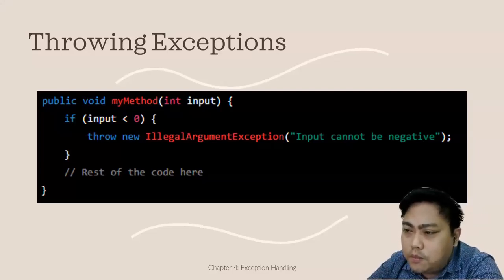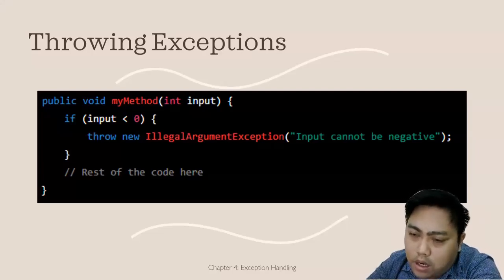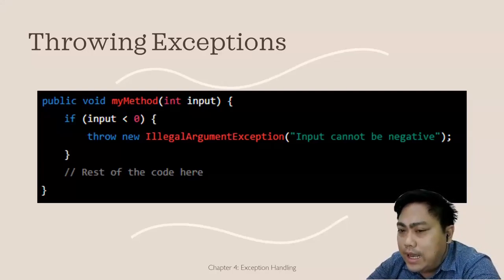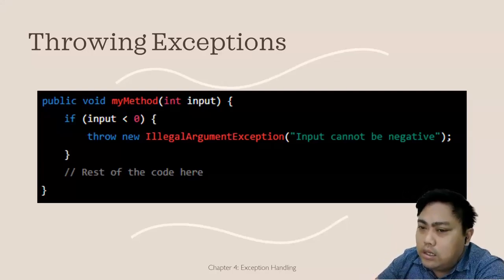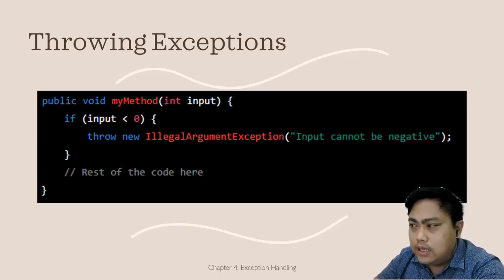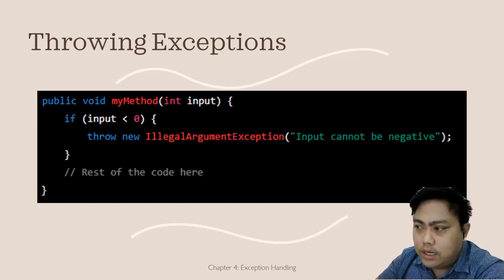The error message is passed as the string parameter, which will be displayed when the exception is caught and handled. So we have this keyword throw, and then we created a new instance of an IllegalArgumentException, and this is the string value or the message.